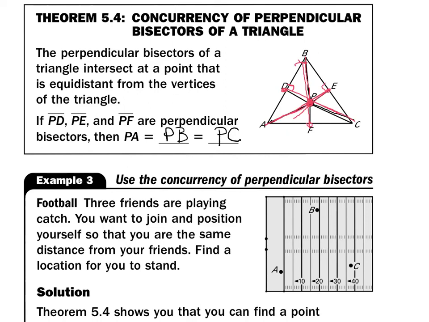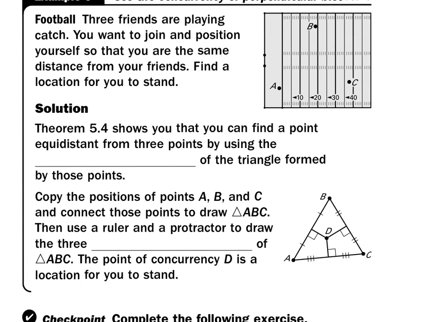So example 3, use the concurrency of the perpendicular bisectors. 3 friends are playing catch. You want to join and position yourself so you're the same distance from your friends. Find a location to stand. Well, we want to be on the concurrency, right?